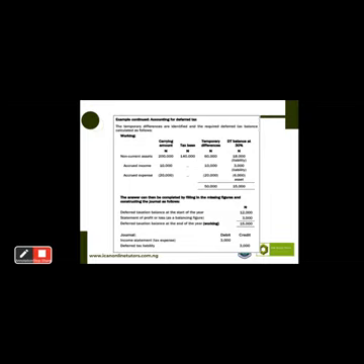So 15,000 minus 12,000 gives us 3,000. So in our income statement, our tax expense is 3,000, and the deferred tax liability is 3,000. So that is the journal entry proper.